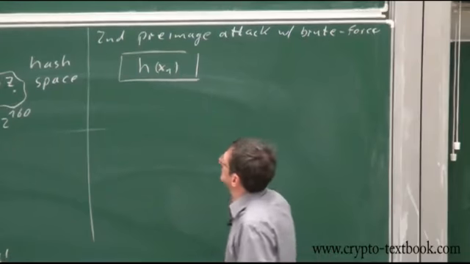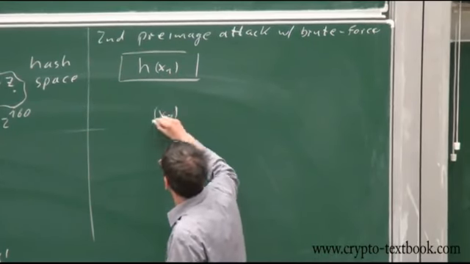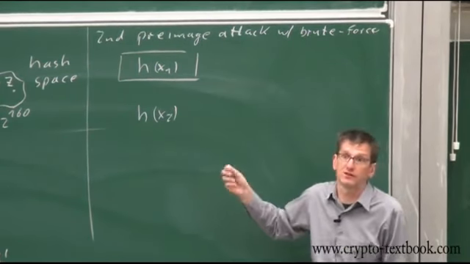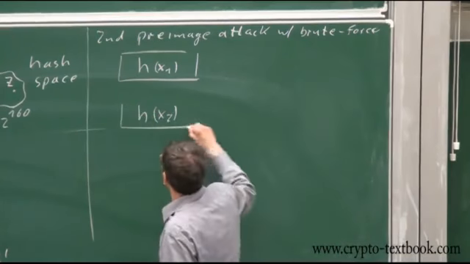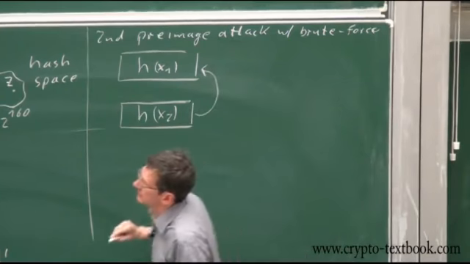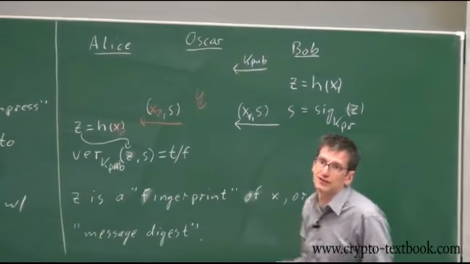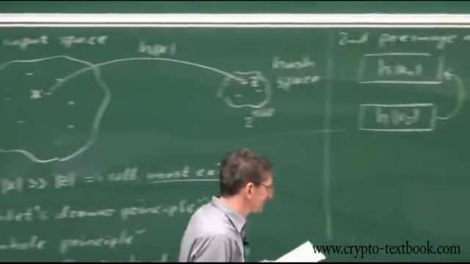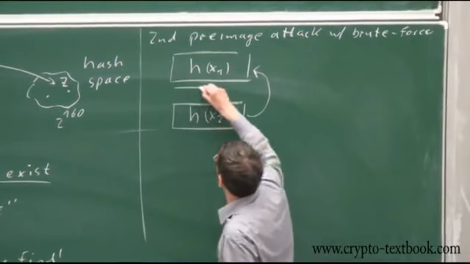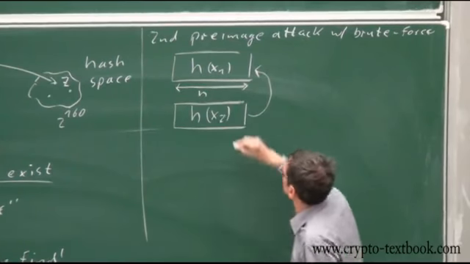So what he does is he constructs a message which says transfer 10,000 euros. He hashes that, and what he has to check is whether the hashes are identical. This condition up there must be fulfilled. The chances are pretty low, probably; it has to do with the bit length here, right? If you have n bits here.